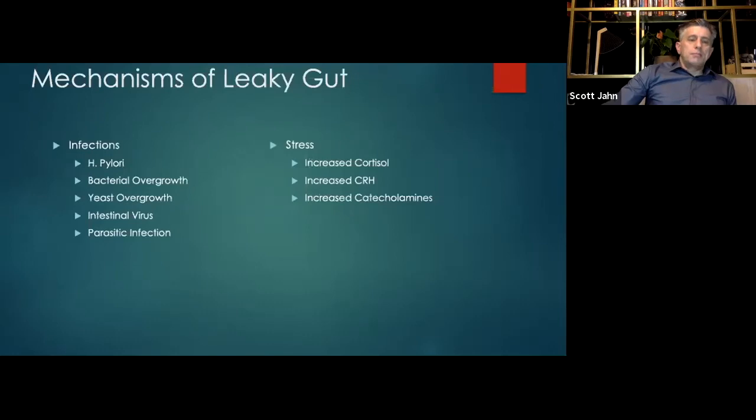Furthermore, infections: we talked about H. pylori, bacterial overgrowth, yeast, viruses, parasites. And stress can also do it: increased cortisol, which is a stress hormone, increased CRH, and increased catecholamines, your epinephrine and norepinephrine.